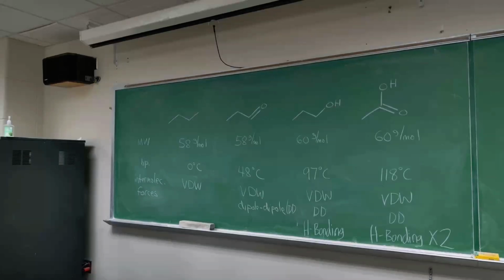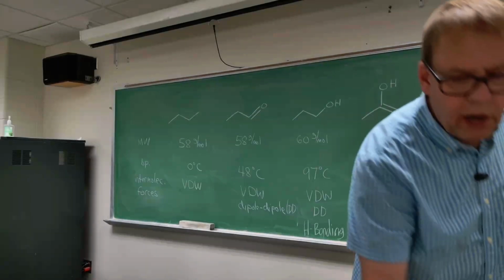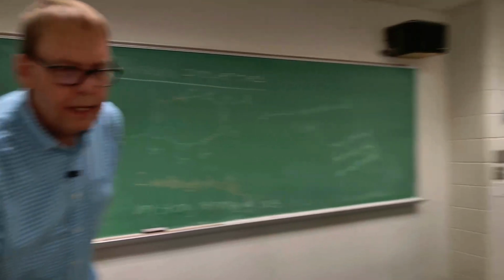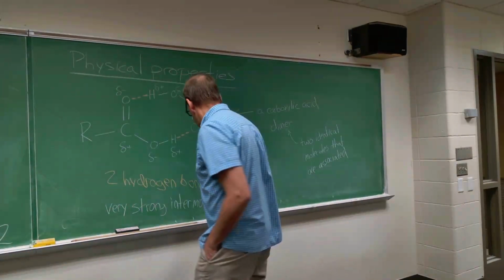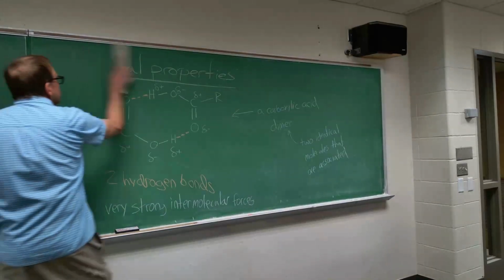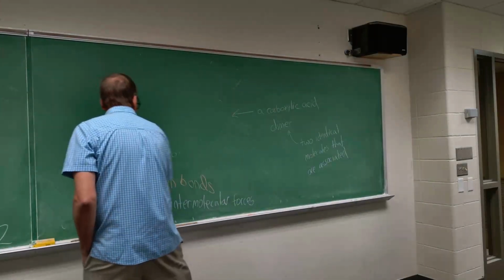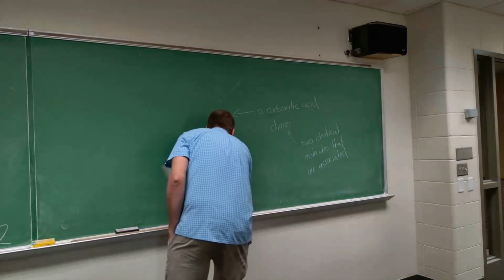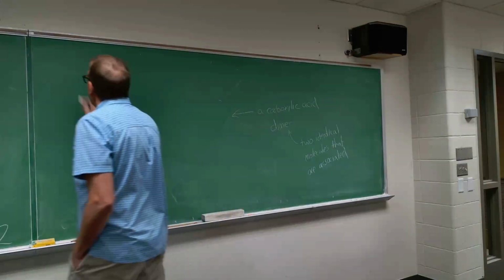All right, one more physical property thing, and that's about solubility. I'll tell you a little bit about solubility because there could be a homework question about this, and there could be an exam question about this, but let's talk about carboxylic acids and their water solubility.